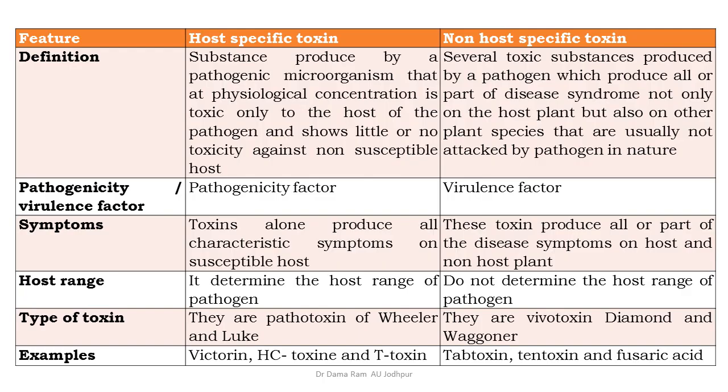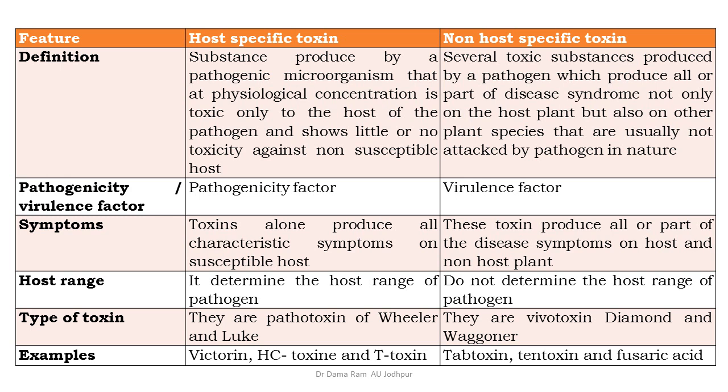So now we come to the differences between host-specific toxin and non-host-specific toxin. By definition, host-specific toxins are substances produced by a pathogenic microorganism that at physiological concentration are toxic only to the host of the pathogen, and little or not toxic against a non-susceptible host.